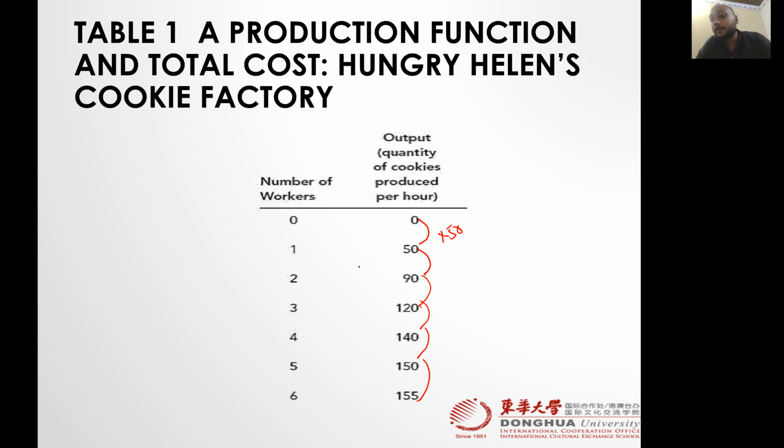When you employ two workers, the second worker added 40. When you employ the third worker, he is adding only 30, and then 20, and then 10, and then only 5. So it means total output is increasing but at a decreasing rate.